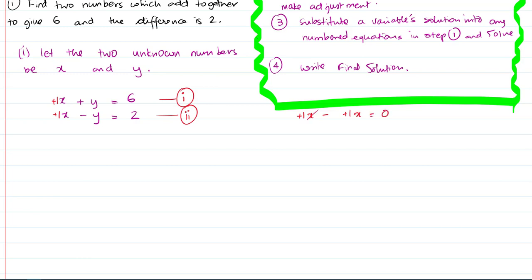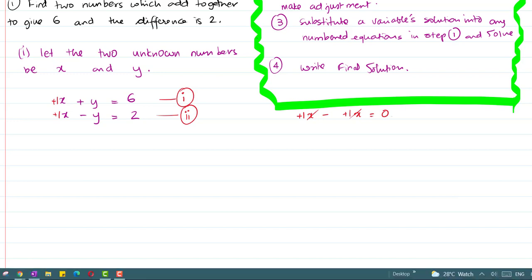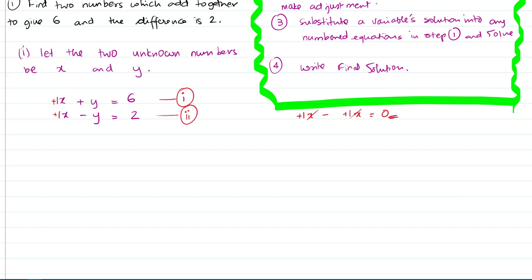In this case you have eliminated x, so you no longer have x. And it's always important to let your reader know what you're doing. So step number 2, I'm going to subtract equation 2 from equation 1.